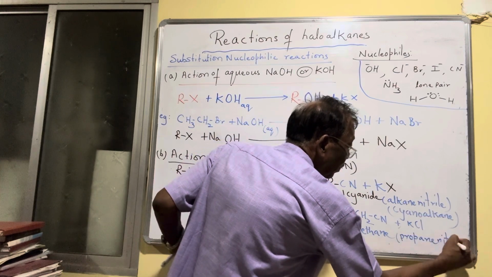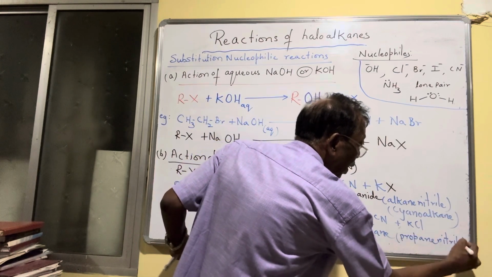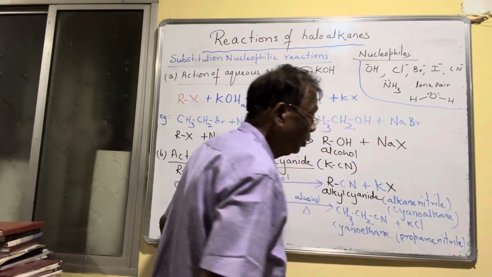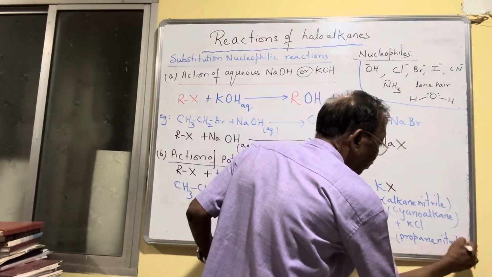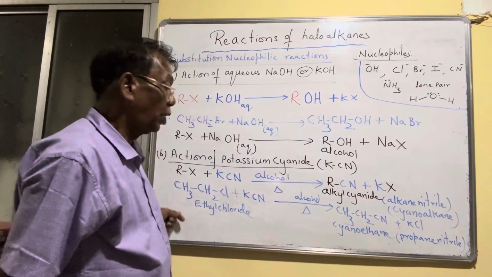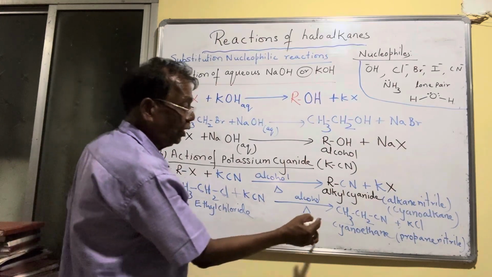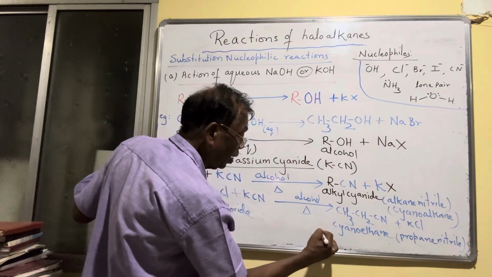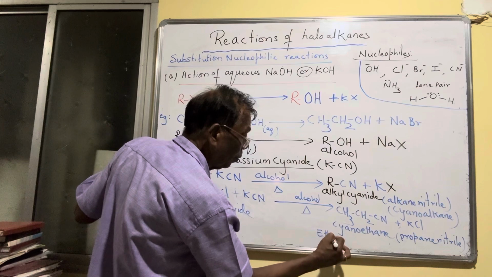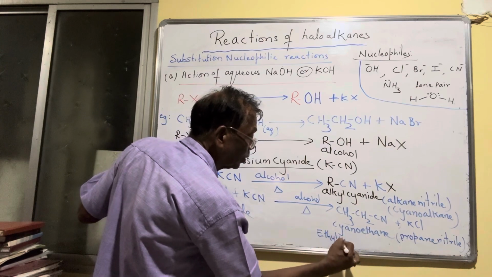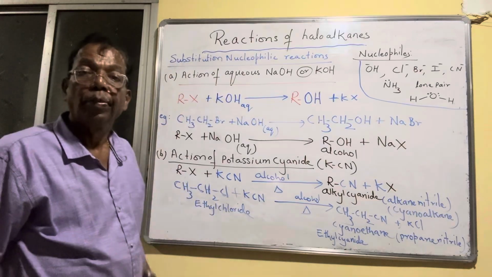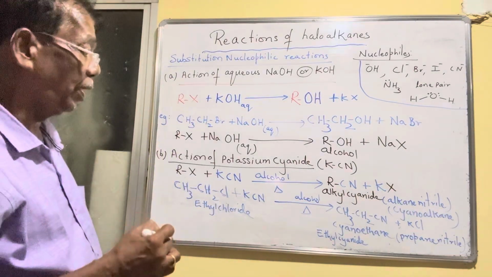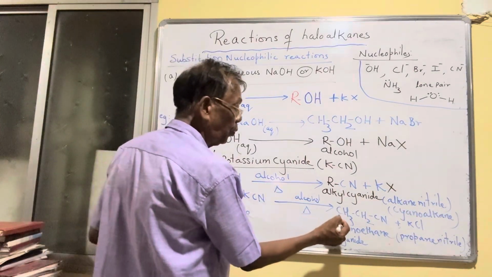So understand, it is nitrile, not nitrite. Then this is also called ethyl cyanide. That is another name. And there is one more name, which is called propionitrile.